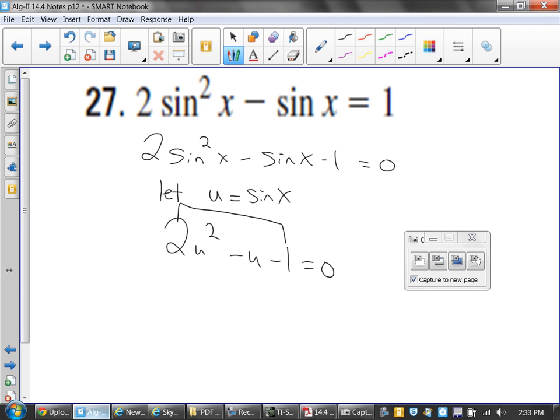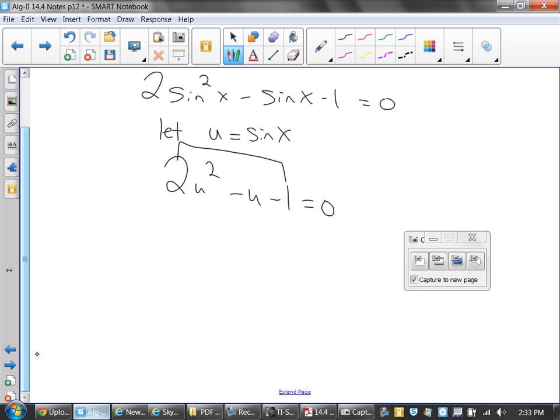What's 2 times negative 1? So, what times what is negative 2, but if you add it together, you get negative 1. Negative 2. 2 and 1. So I have 2u squared minus 2u plus 1u minus 1. And I can factor this by grouping, which is something we have done a long time ago.